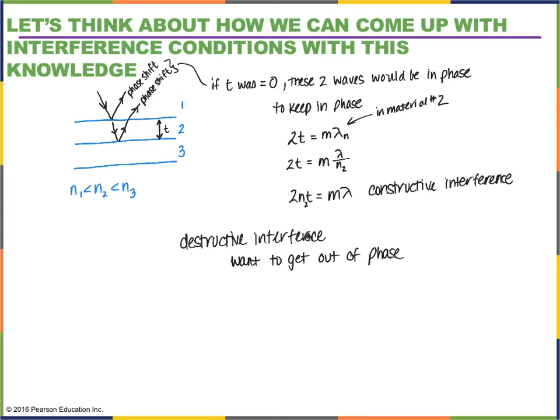And so we want the difference in the path length now to be some half wavelength, like 1/2, 3/2, etc. And although we call it lambda sub n, it's actually lambda over n sub 2. And so I get 2 n2 times t is equal to m plus 1/2 times the wavelength just in a vacuum. And so this is the condition for destructive interference.